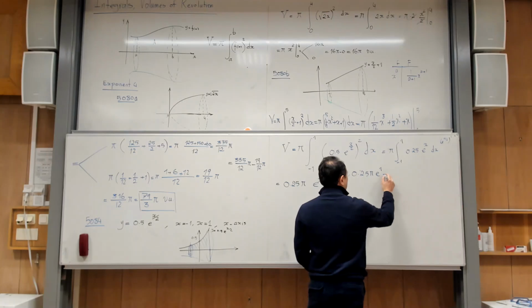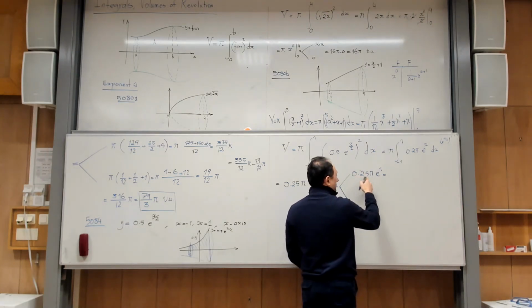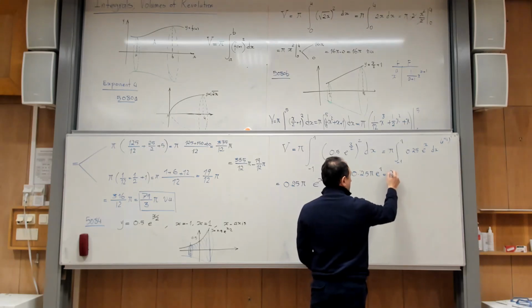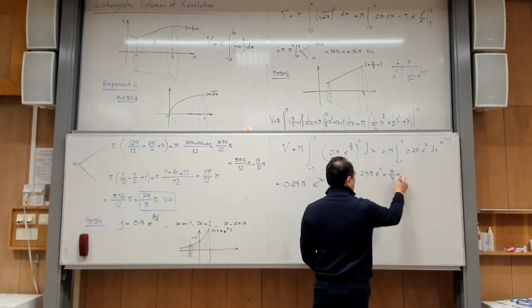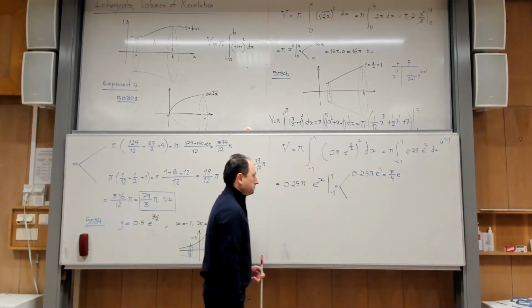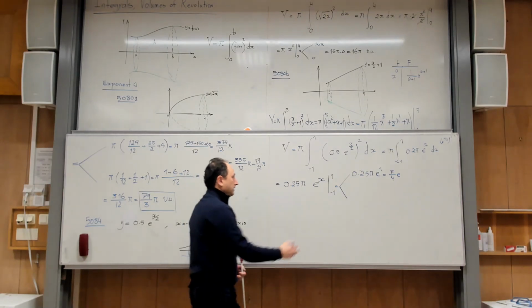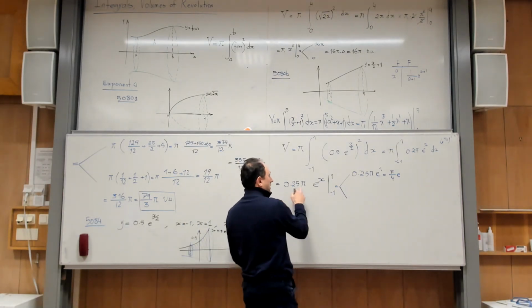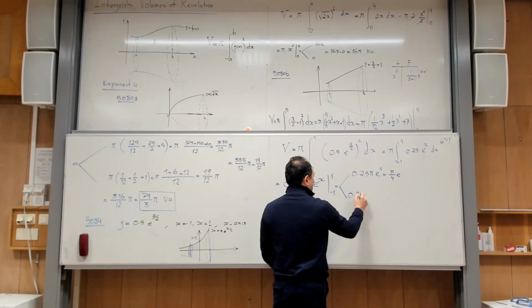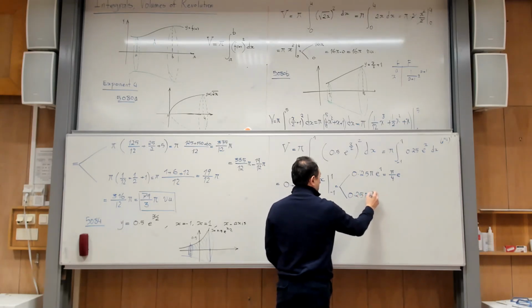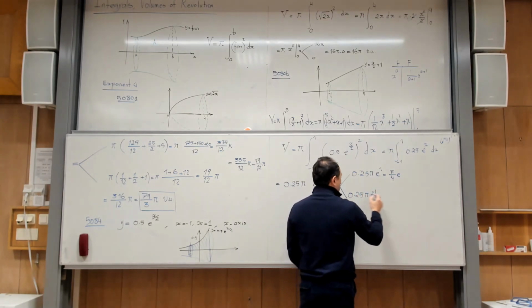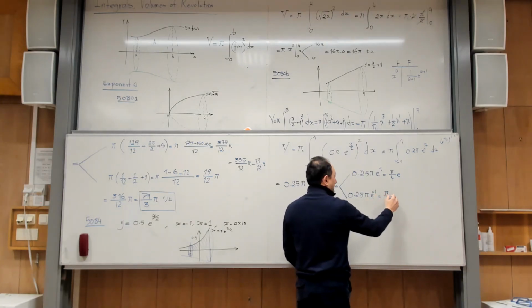which is, if you don't mind, instead of 0.25, let me write 1 over 4. So this becomes pi over 4e. And then you put -1 here, and I will do the same thing here. So the answer becomes exactly pi over 4, this time e to power -1.